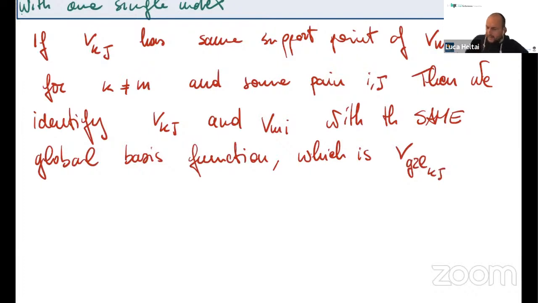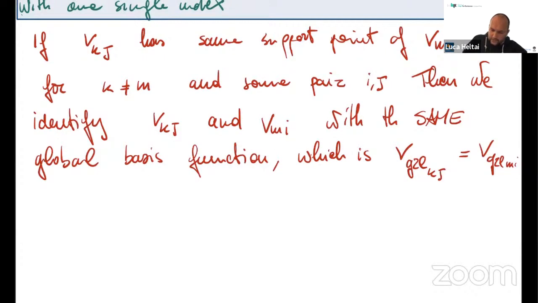And if you write (k,j), it is also the same as global to local (m,i), for some pair ij. Does that make sense? So the idea is this.